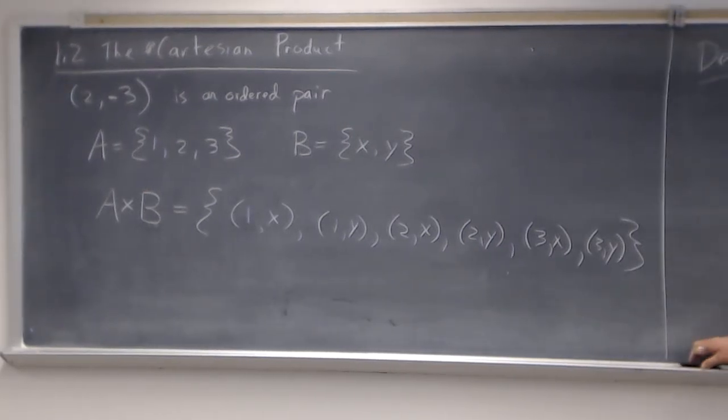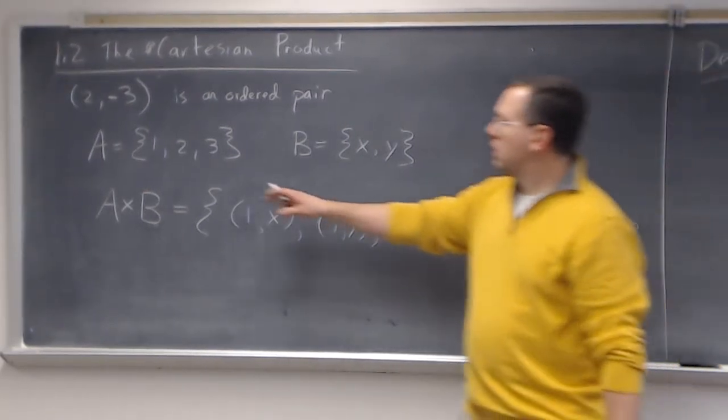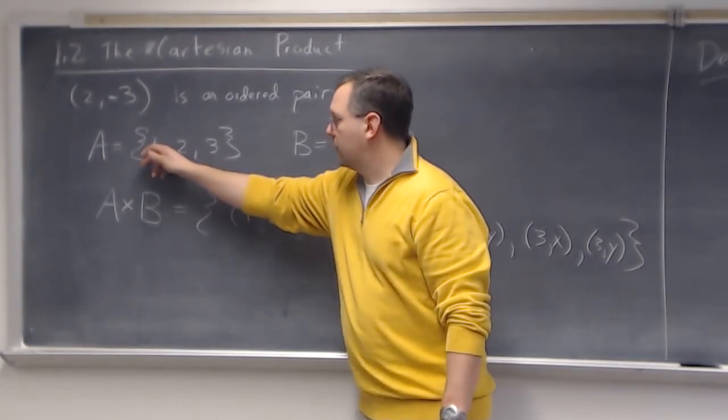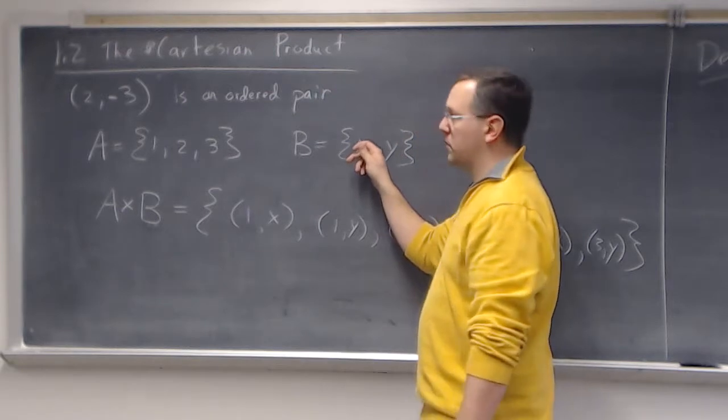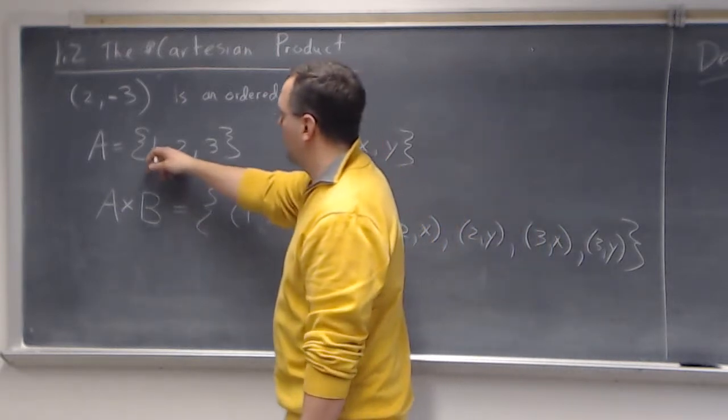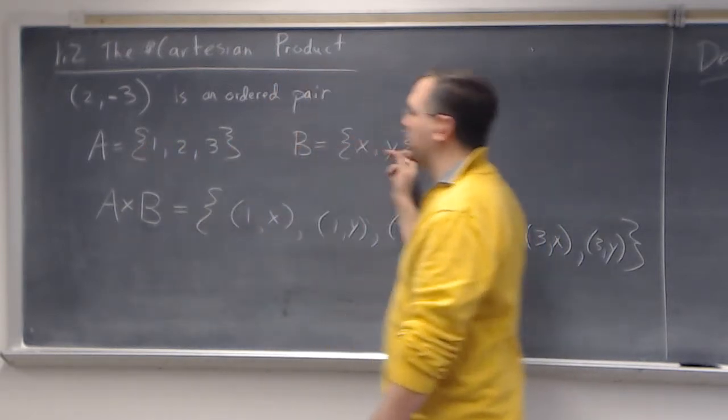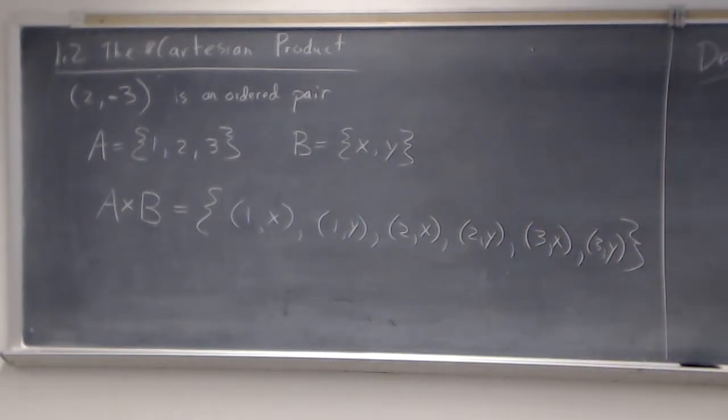If you take one of these elements and one of these elements, you make an ordered pair. So how many can you have? You have 3 times 2.